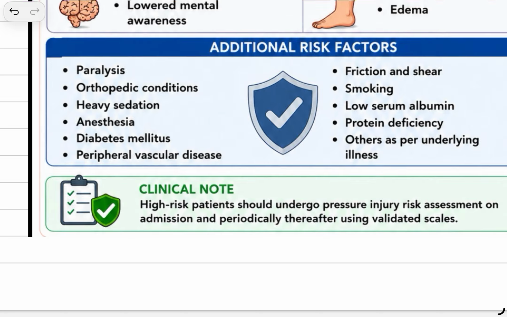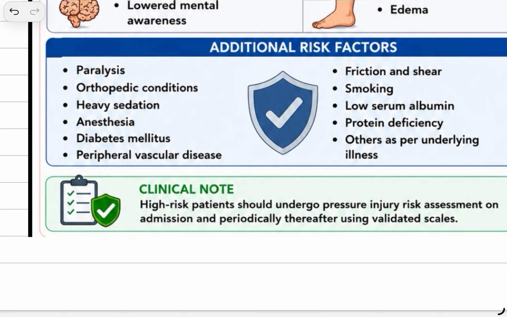Next. Now, coming to the next one, the very important thing is what is blanching and non-blanching. Suppose your skin is like this. Now for this I am pressing, okay, the staff nurse or nursing officer is checking the capillary refill, or else we can say we are checking the blanching.